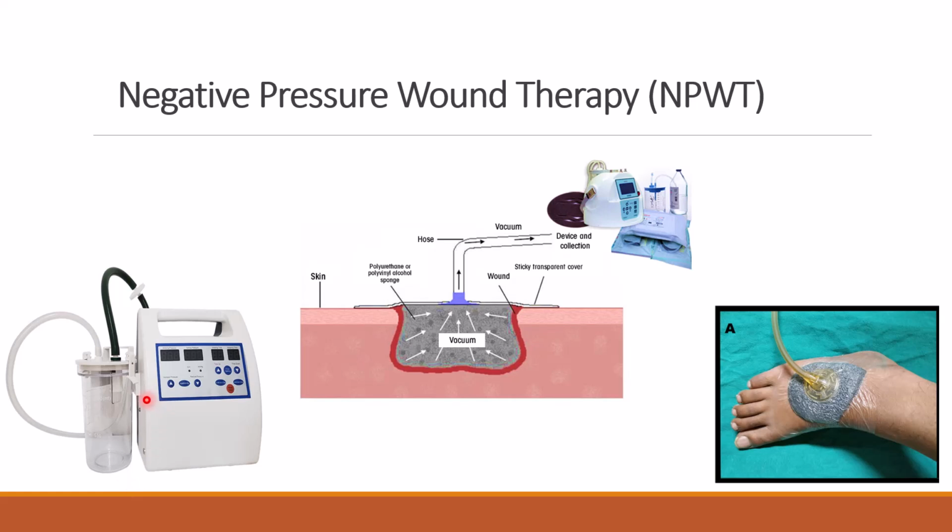We can control the flow rate of the vacuum. Some devices come with 10 liters per minute, some with 15, and some with 20, according to the wound dimension, the doctor's recommendation, and the patient's condition itself.